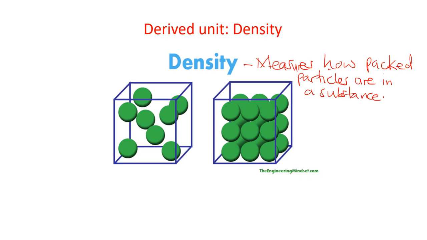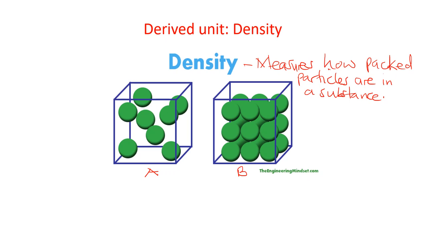So here, if this is substance A, this is substance B, we can see that substance B has higher packing of the materials. As a result, it is going to have higher density.